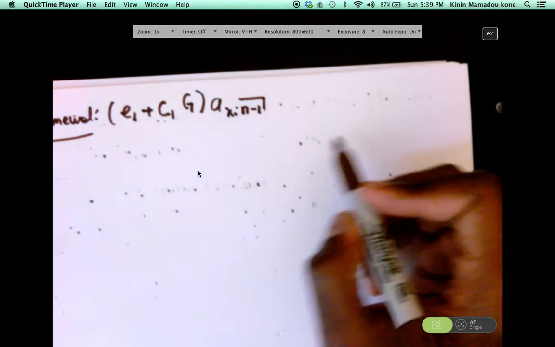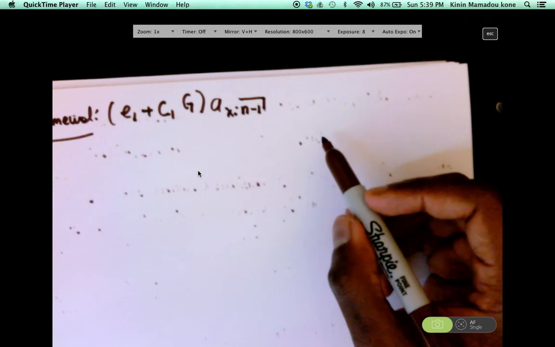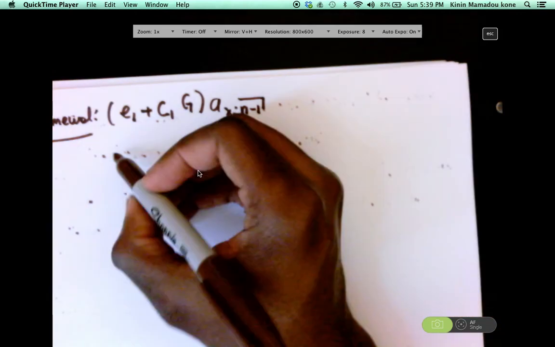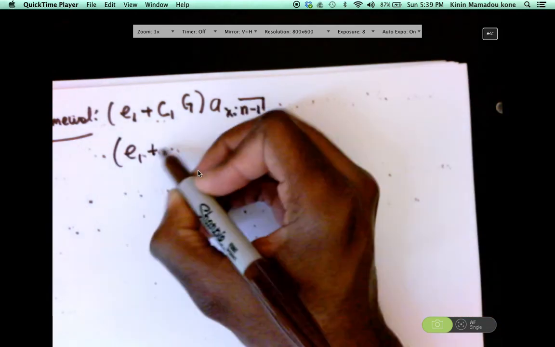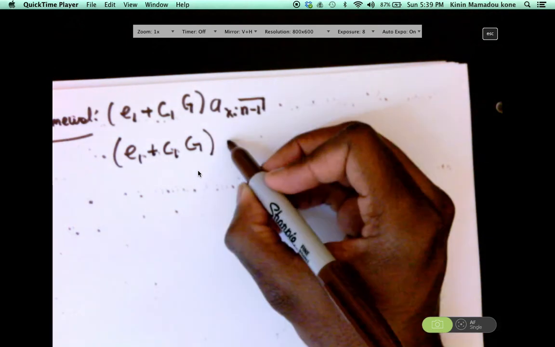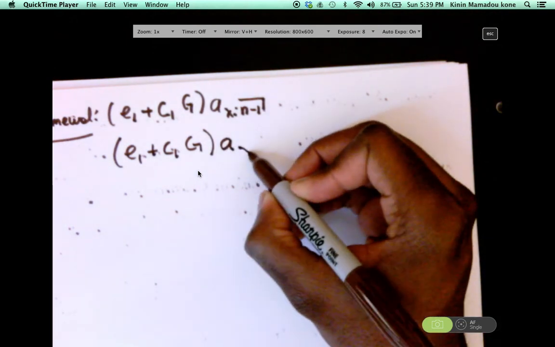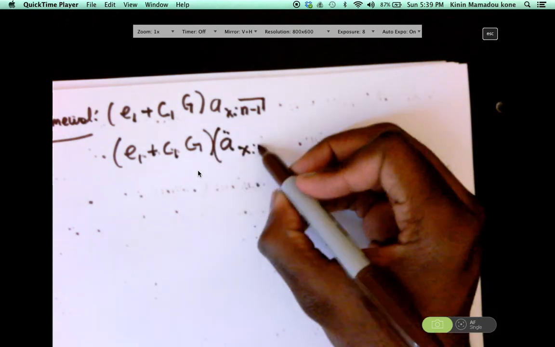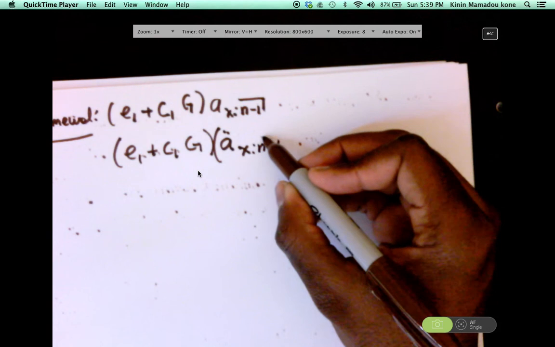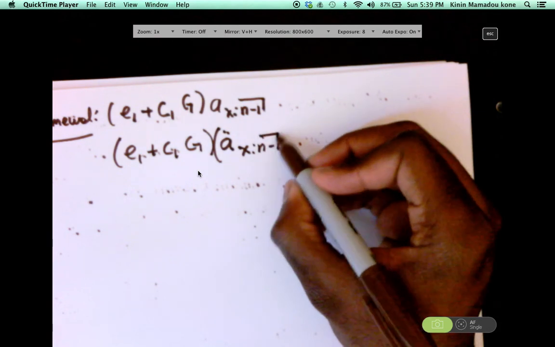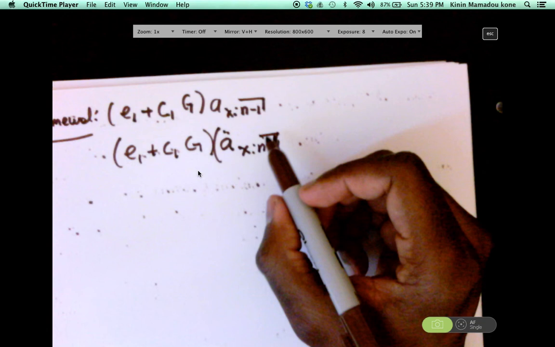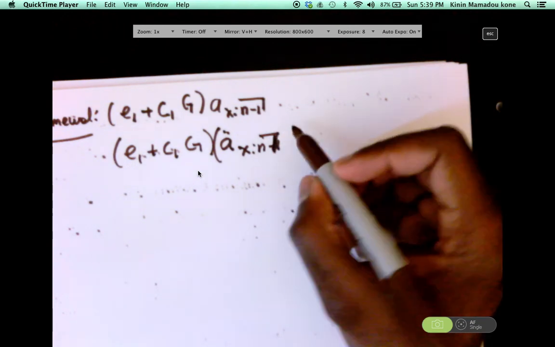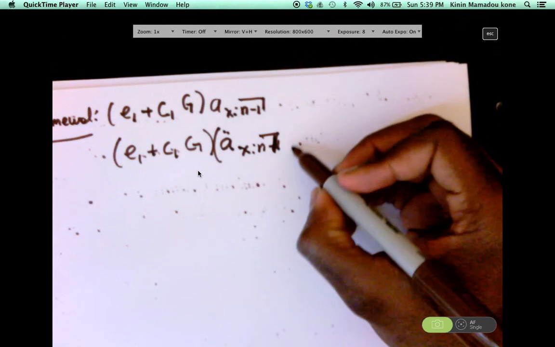So going back to the entire figure, it's going to be E1 plus C1 G times a-double-dot x, n angle, the whole thing minus 1.